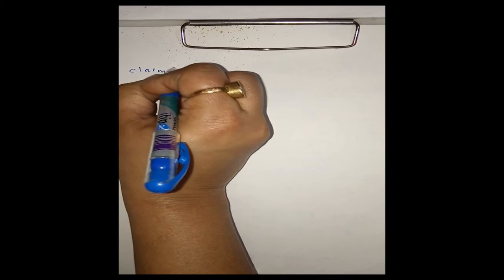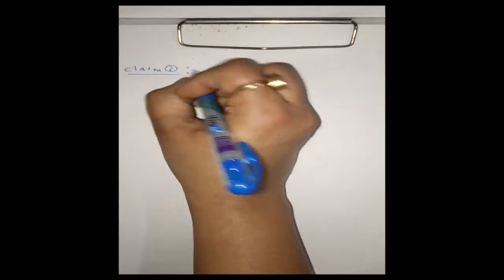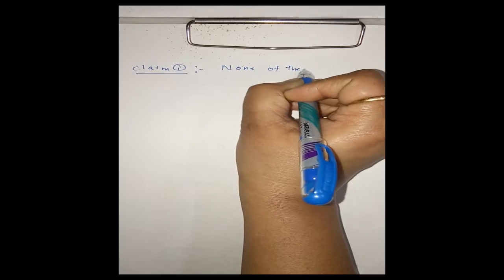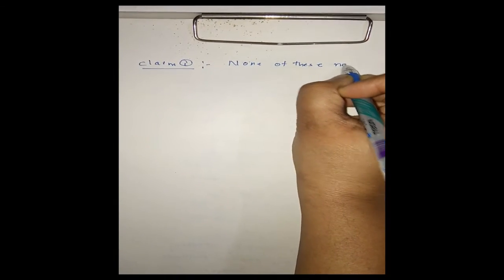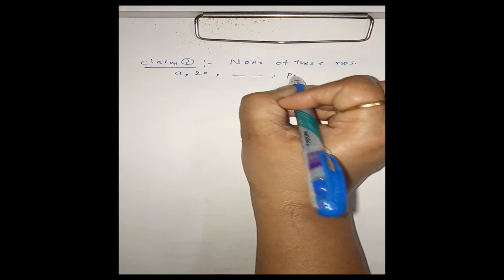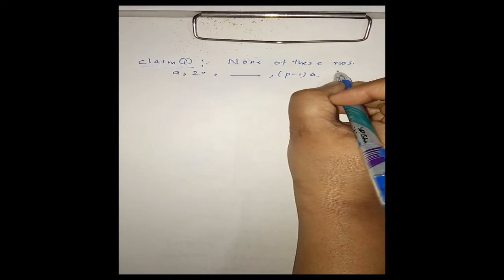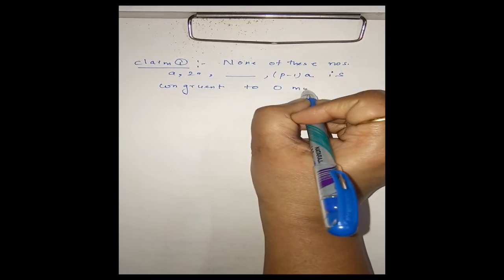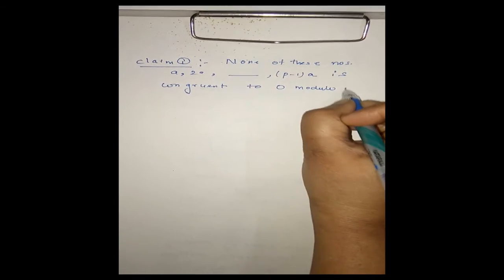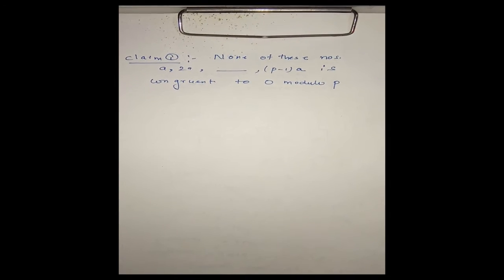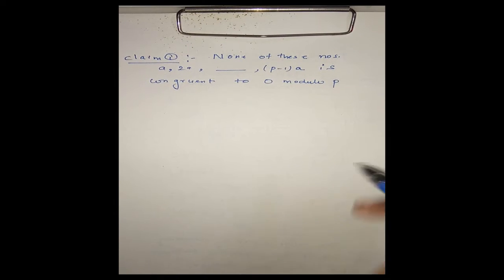Claim 1: none of these numbers A, 2A up to P minus 1 times A is congruent to 0 modulo P. That we will now prove.